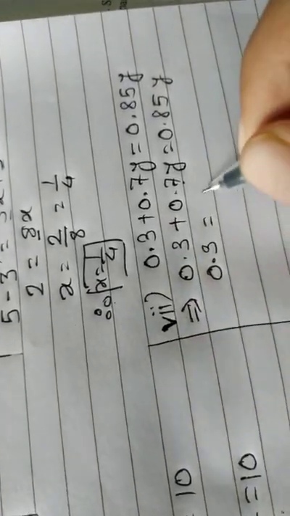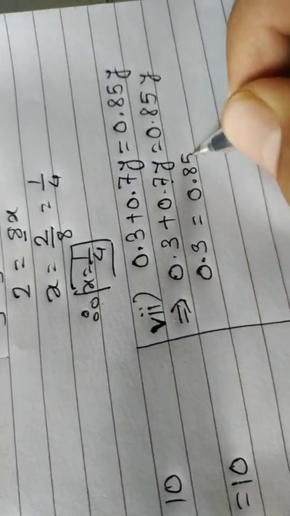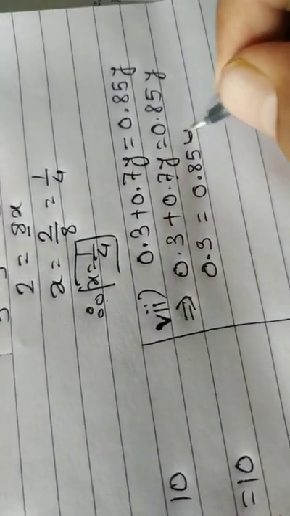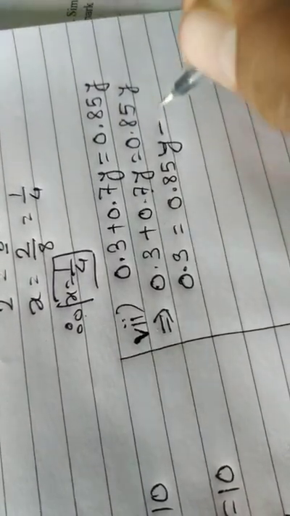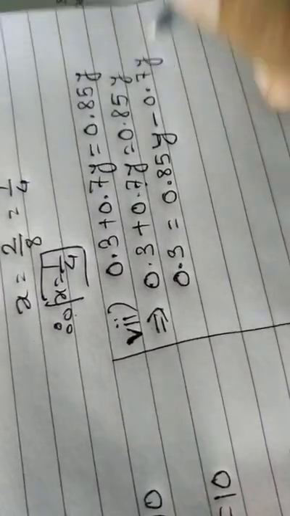0.3 is equal to 0.85y, and when we transpose this we get minus 0.7y.